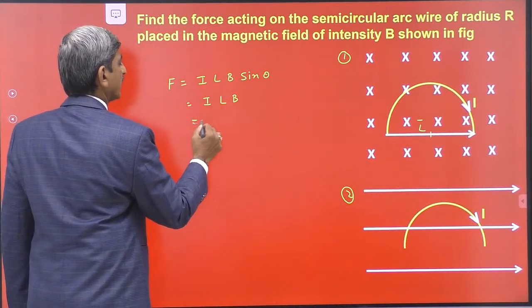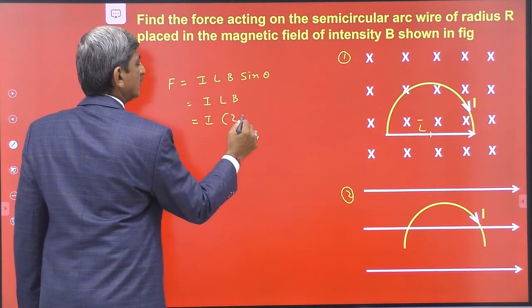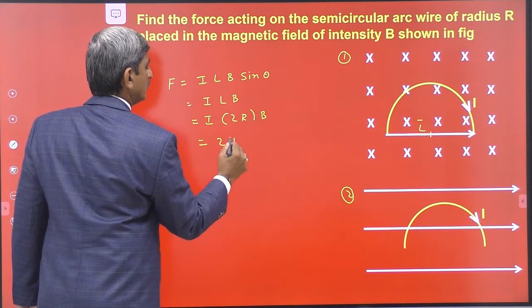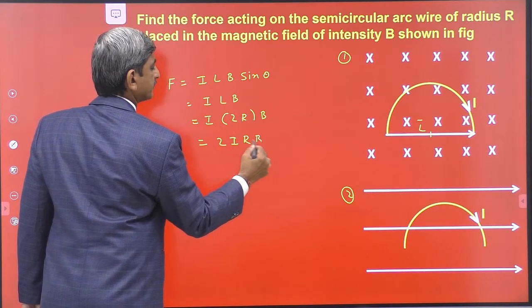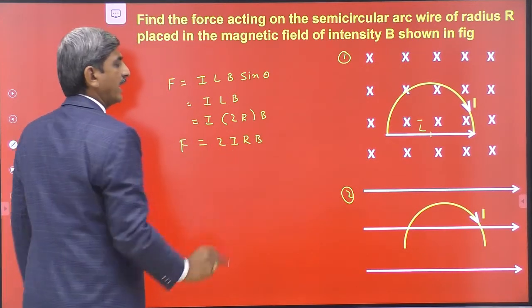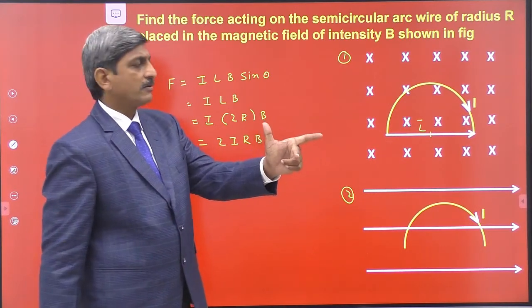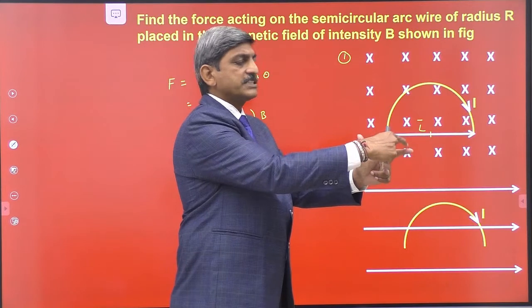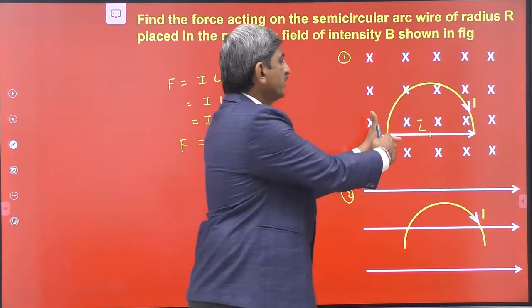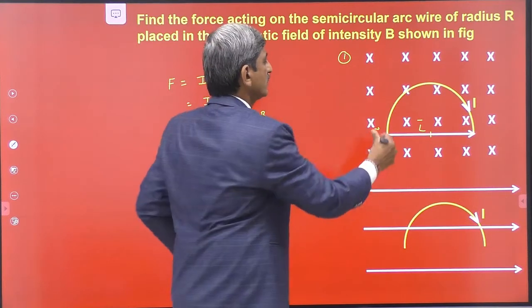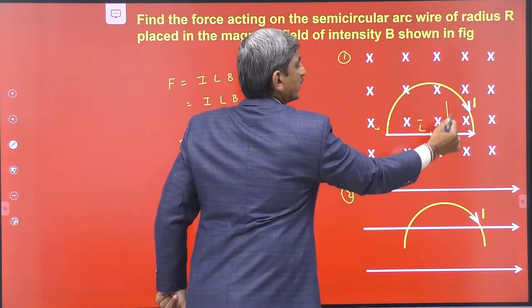So that we can write it as I times 2RB. This is equal to 2IRB. And the direction of the force can be decided by the Fleming's left hand rule. This one indicates the direction of the B and this one indicates the direction of the current, so that this thumb indicates the direction of the force which is acting in the upward direction like this.